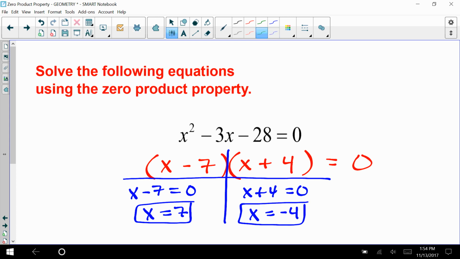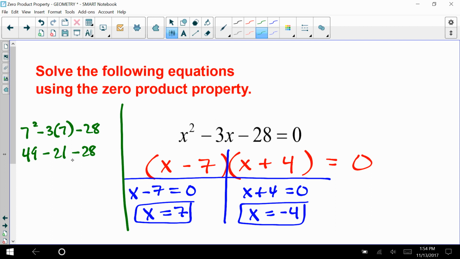Now let's check this. If we plugged in 7 squared minus 3 times 7 minus 28, let's see what we get. We get 49 minus 21 minus 28. We get 0. That works. And then if we plug in negative 4, we get negative 4 squared minus 3 times negative 4 minus 28.